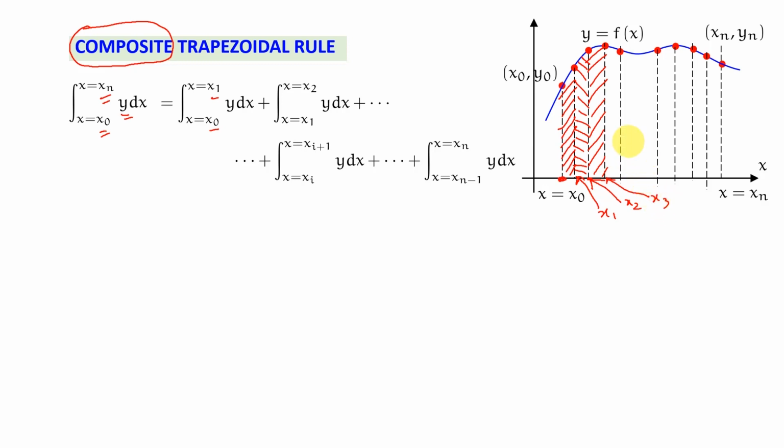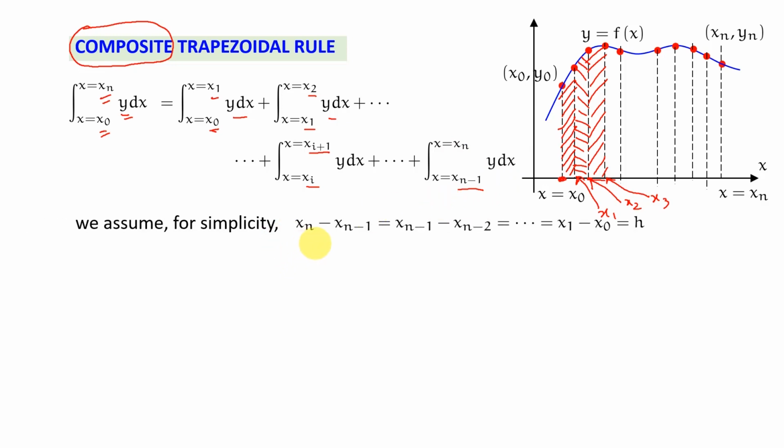This is how I make many segments, and I calculate the area of each segment, and then I add up all the areas. That is how in practice we conduct numerical integration. So here I have integral x0 to x1 y dx, then again x1 to x2 y dx, etc. In general, xi to xi+1 y dx, and at the end I have xn-1 to xn y dx.